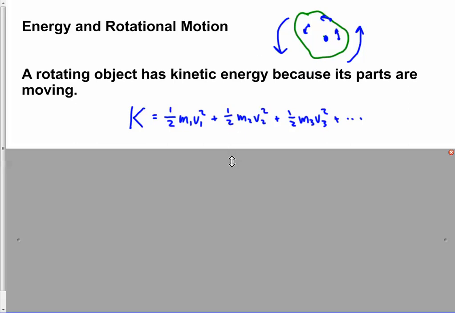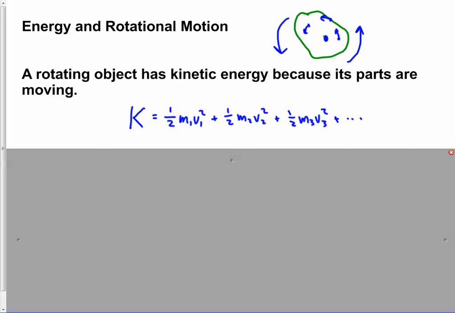Of course, we don't want to have to literally add up 1/2 mv squared for all of the molecules of the object. We'd like a more practical way to compute the total kinetic energy, and there is. We realize that every part, every molecule, every atom has a different v. And we talked about this before.